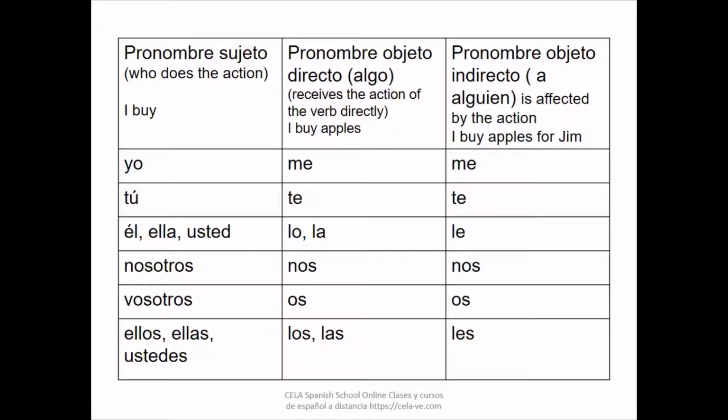For example, what do I buy? What do I see? Mostly it is a thing or a person that can be replaced with a thing. And the indirect object is the one who receives or is affected by the action, for whom or to whom.